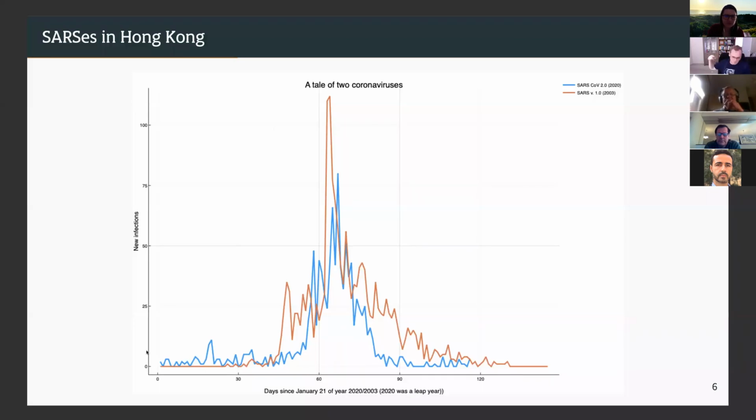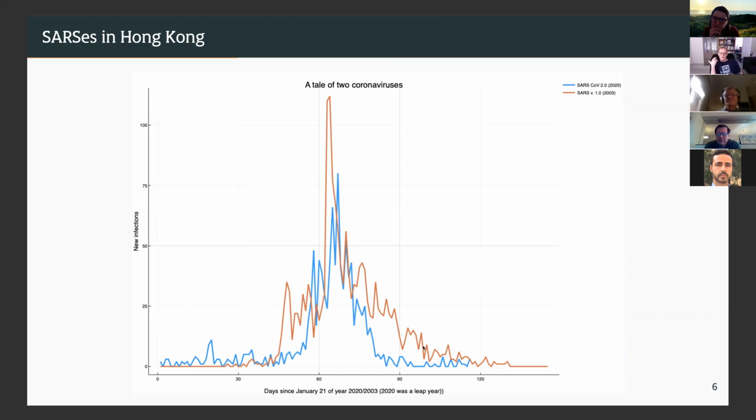The blue line is the same measurement, new infections of SARS in Hong Kong in 2020. So you can see a peak pretty much at about the same time, and the growth pattern, it's pretty noisy data, but it goes up at about the same shape and goes down at about the same shape.